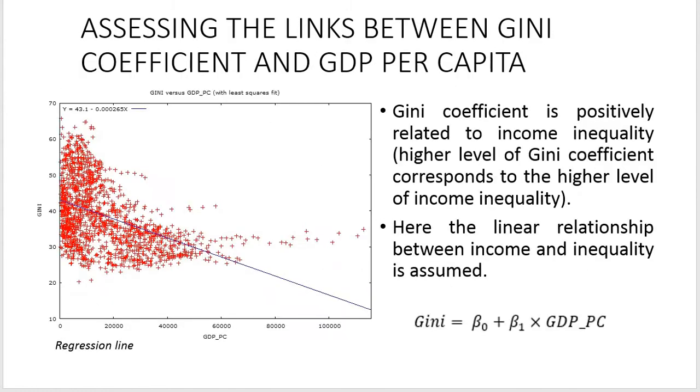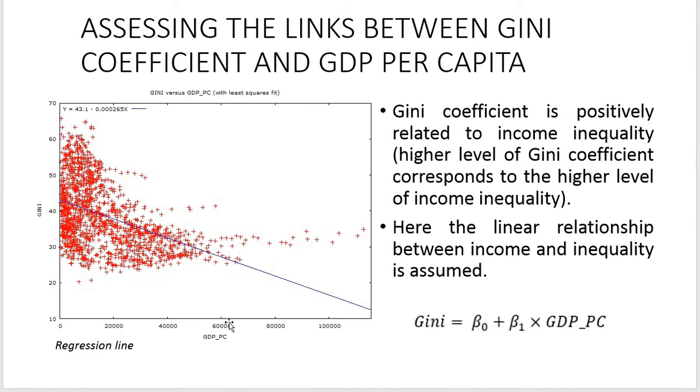But even looking at the regression line, you remember that the distance between the actual value of the Gini coefficient and the predicted value of the Gini coefficient stands for the error term. So even here, you can see that for relatively small values of GDP per capita, you have a relatively big difference between the actual and predicted value.